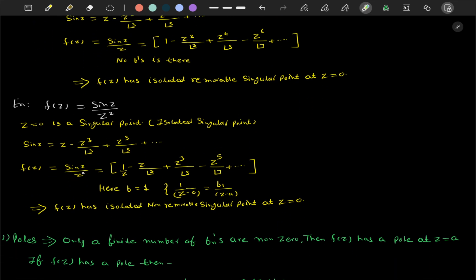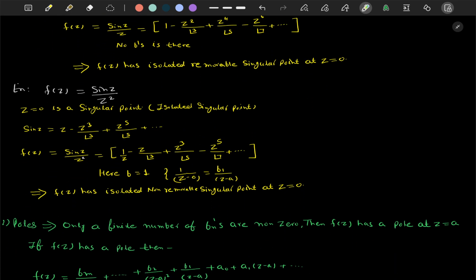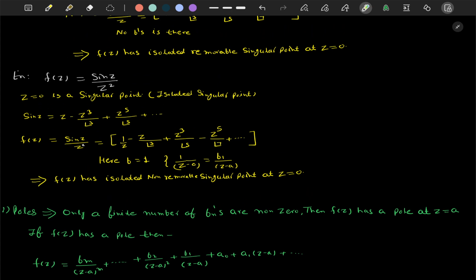Now again, you can take the function sin z by z square. So sin z is this, just divide it by z square. So you are having this. Now you have a b, that is 1.